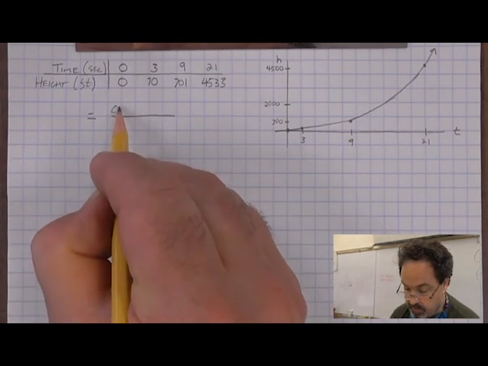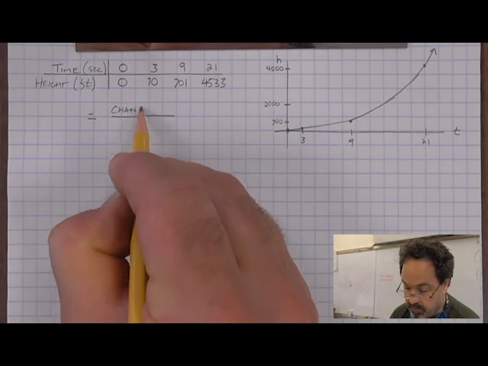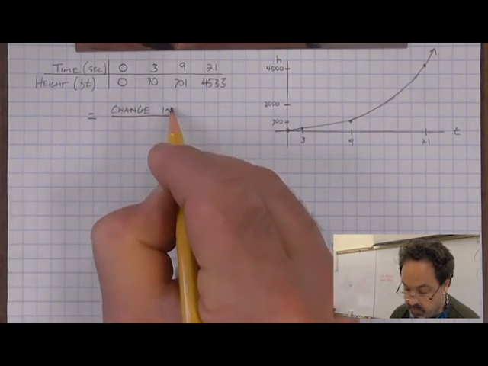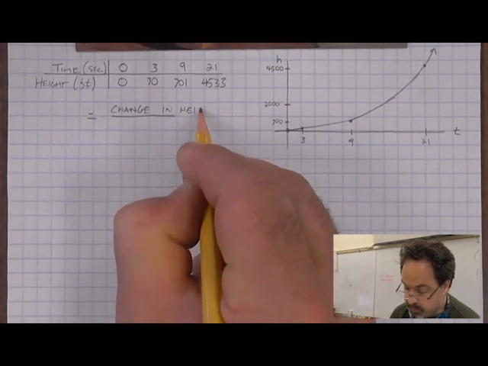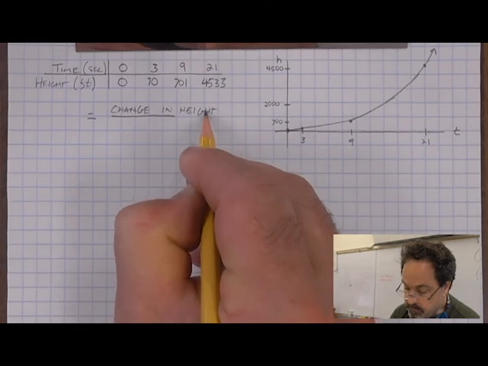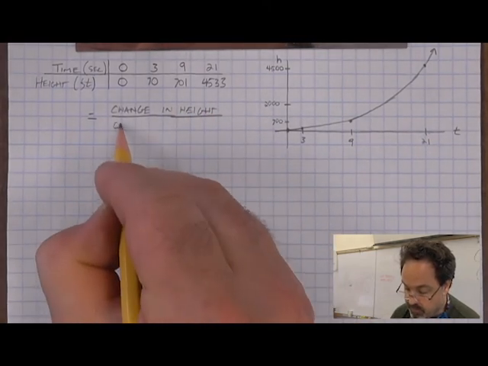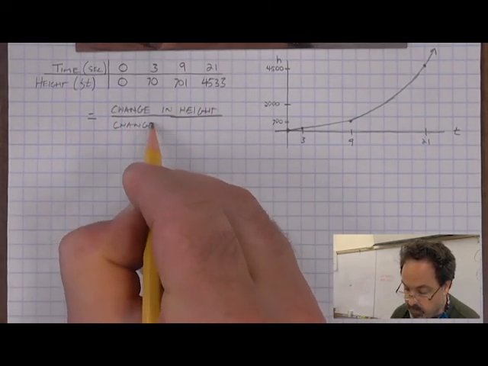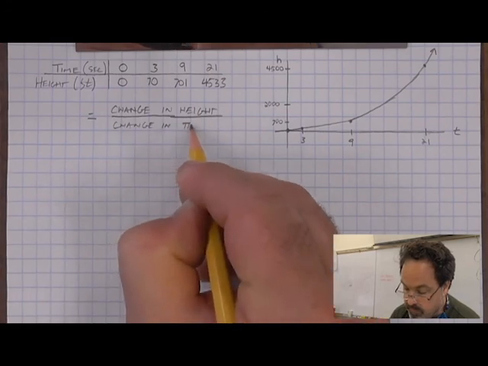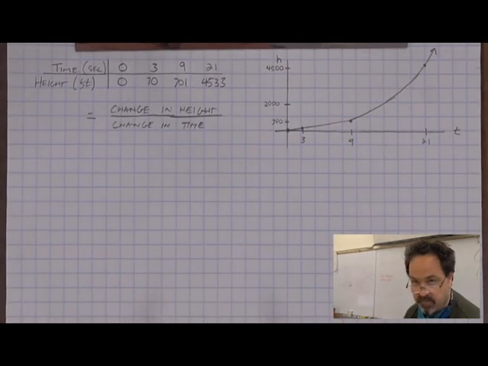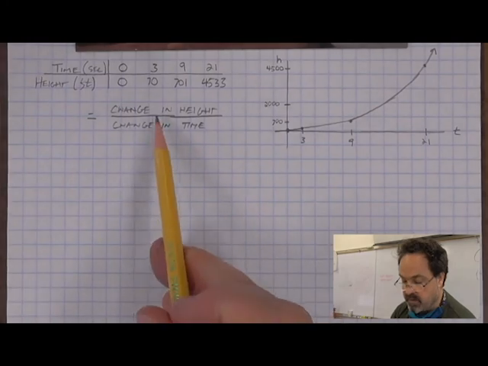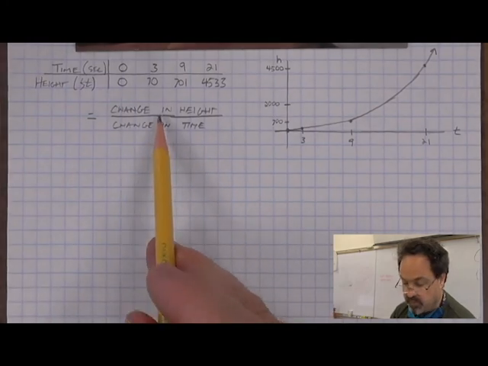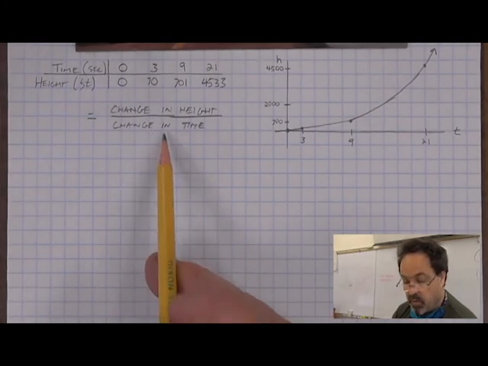We can make a ratio where the numerator is change in height, and the denominator is change in time. Why would we do this? Well, let's visualize the situation a little bit. What does it mean to have a ratio change in height divided by change in time?